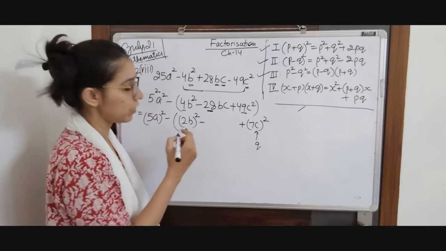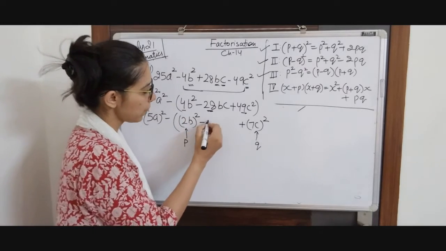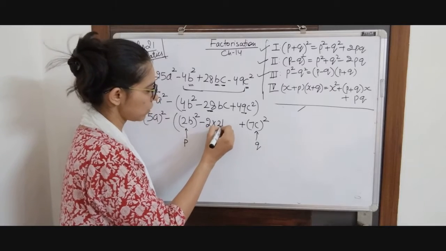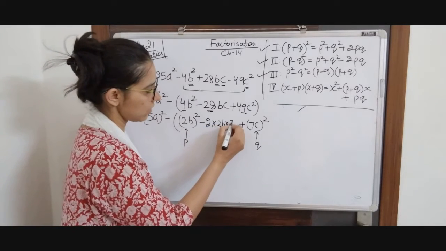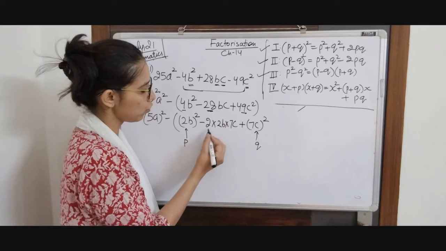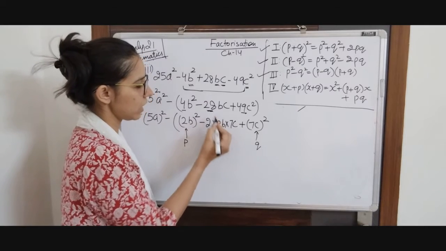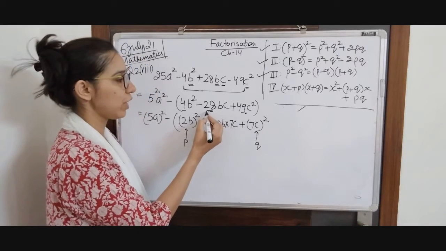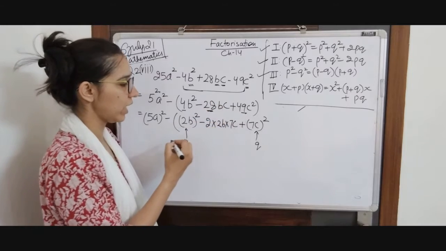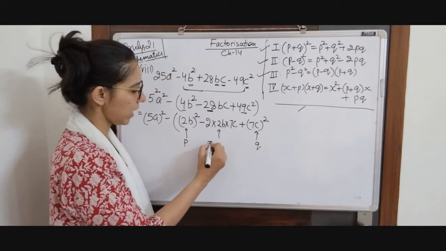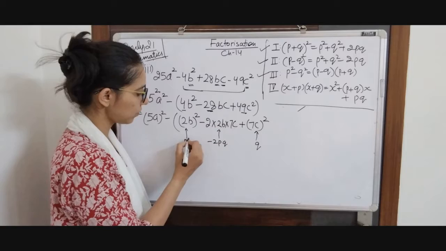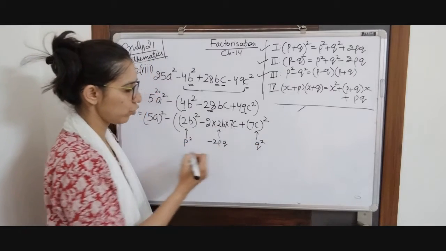We will check if it is 2pq or not. So 2pq is 2b and q is 7c. If we multiply 2 by 7c, 4 7s are 28, b and c. So we are getting the expression right. So this is minus 2pq.